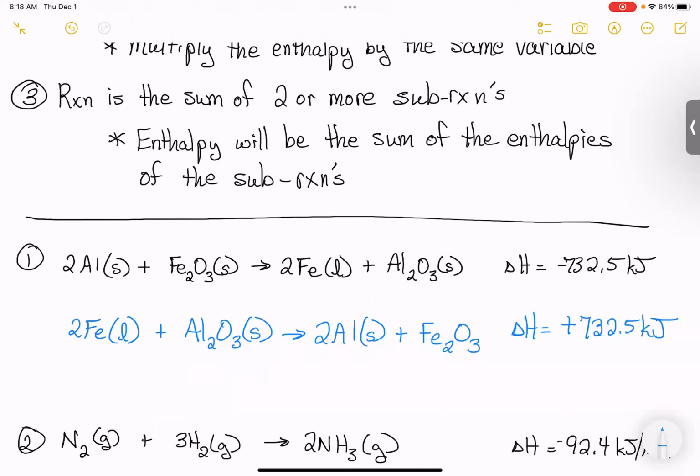So in other words, while the thermite reaction, once you get it started, is going to go on all on its own, the reverse of that reaction is going to require continuous heat to make it occur. That's what our signs mean.